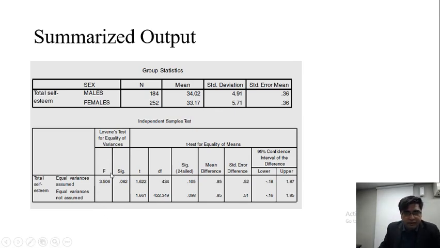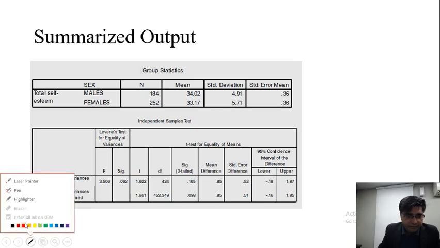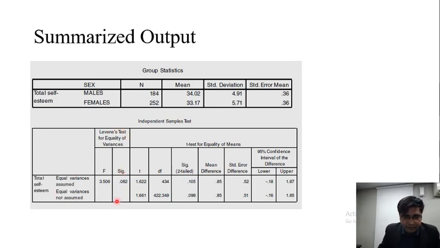Then we go toward the equality. We want to check whether the equality of variance is assumed or not. For that we have to see the results of Levene's test for equality of variances, and this left hand box is used.